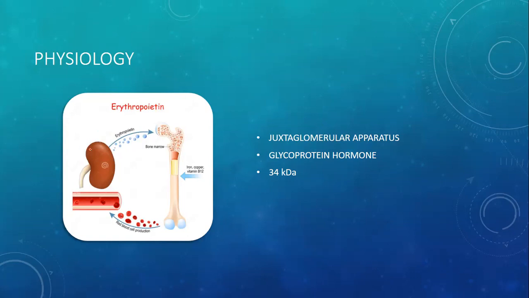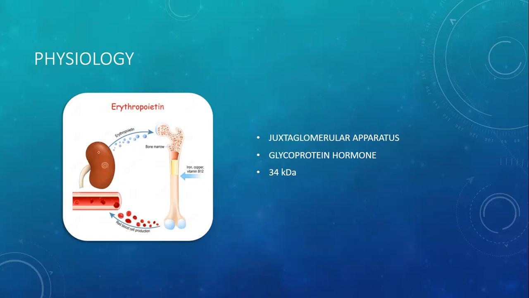So here, if we had a picture of the kidney that we also had in some other class, I showed you the nephron, right? So when the afferent artery reaches the glomeruli, before it reaches the glomeruli, there was a part in which the distal convoluted tubule got together with the artery, right?